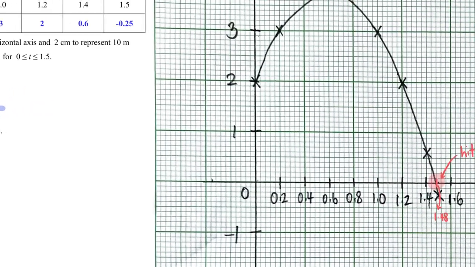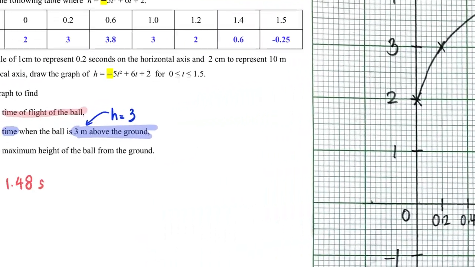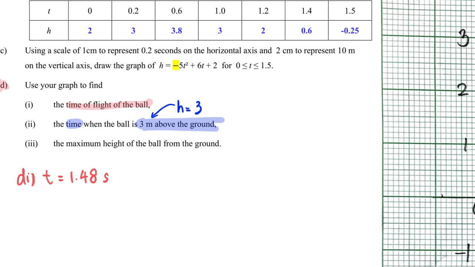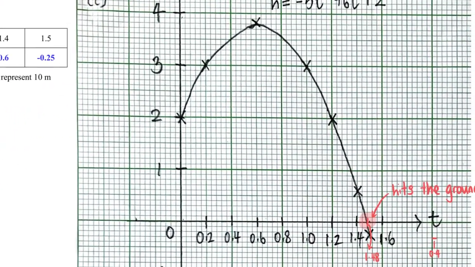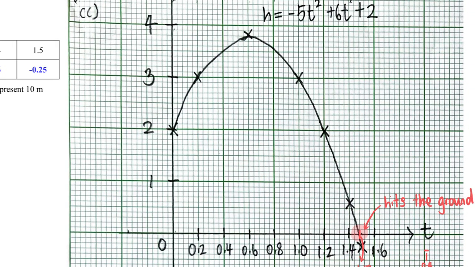So going back to the question, where it is 3 meters above the ground, I see that there's this point here where the ball hits 3 meters, and it continues to go up until it reaches here, then it goes down, but it is still above 3 until here. So what is the time from here to here as we look?